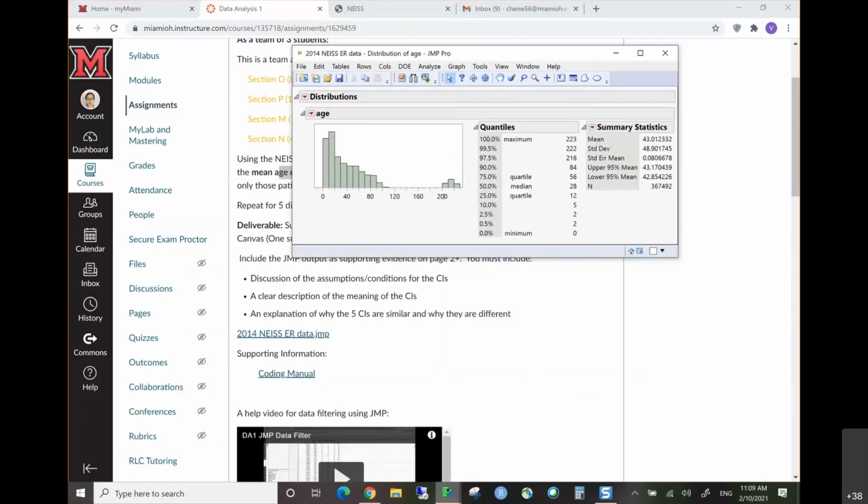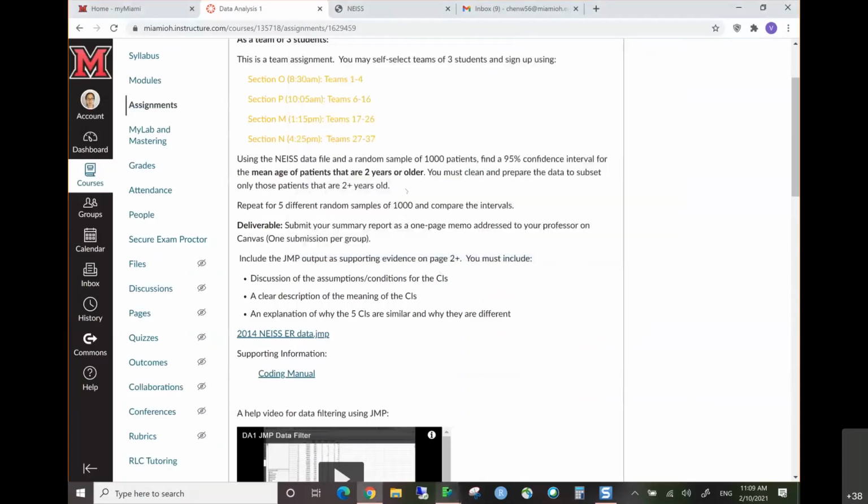So in this case, you don't have any outliers, but if you have one, you need to delete that in the future. In data analysis 2 or project 1, project 2, you may need to deal with the outliers. All right, so after you filter the data, then you select 1,000 patients from that filtered data.